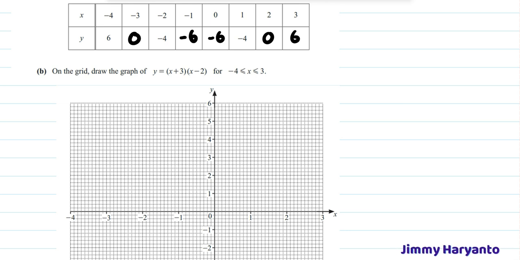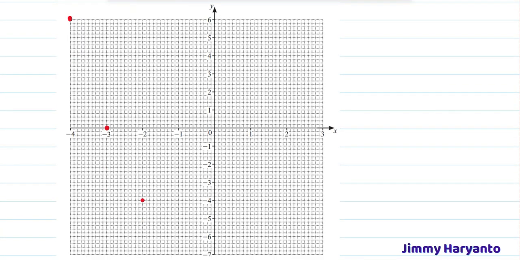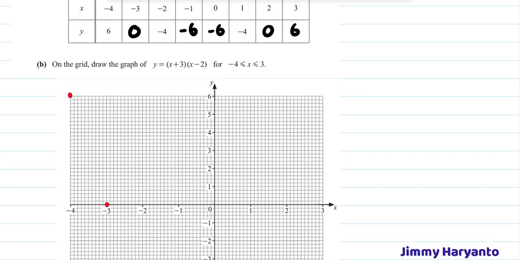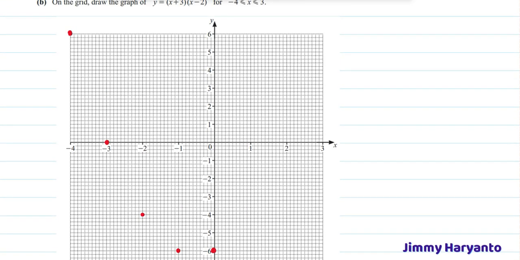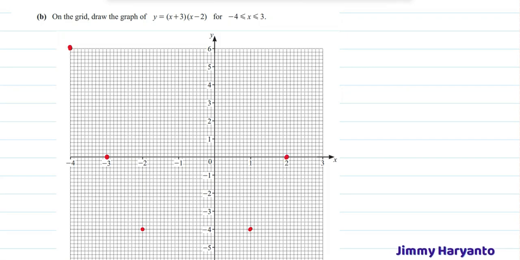So negative 4, 6 will be right there, and then negative 3, 0, negative 2, negative 4 will be right here, and then negative 1, negative 6 right here, and then 0, negative 6, then 1, negative 4, and then 2, 0, and then 3, 6.